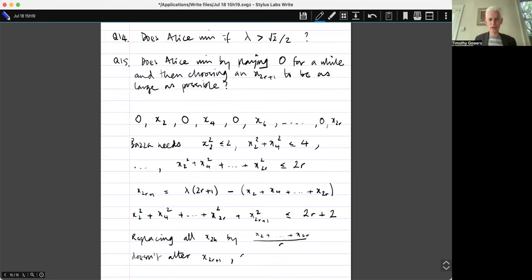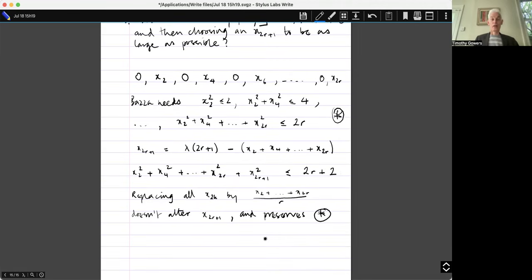It preserves those inequalities which I've collected together with this star. I still haven't decided what that average should be, but suppose x2k just equals some particular number x for every k, then what are the conditions?